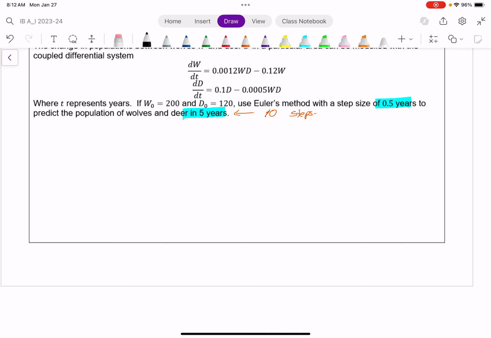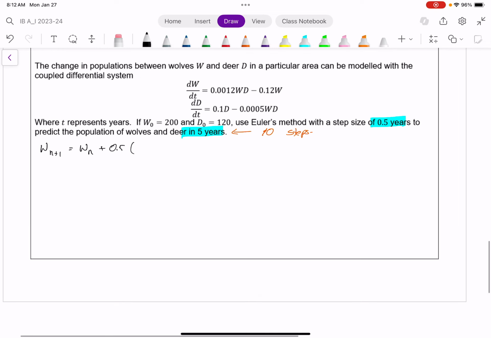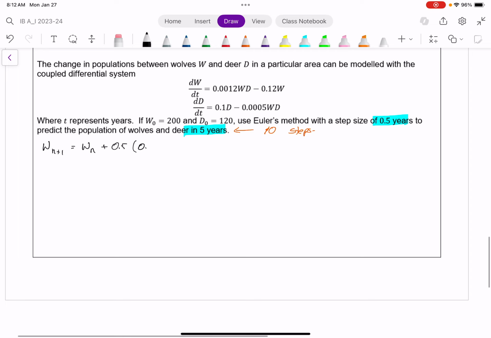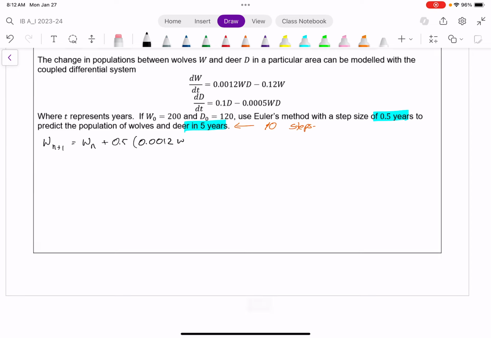So I'm going to look at function W, wolves. So wn plus 1 is going to equal the previous population of wolves plus the step size, 0.5 years, times the slope, the gradient, the differential equation for this, 0.0012 wn times the previous value for deer, dn, minus 0.12 wn again.